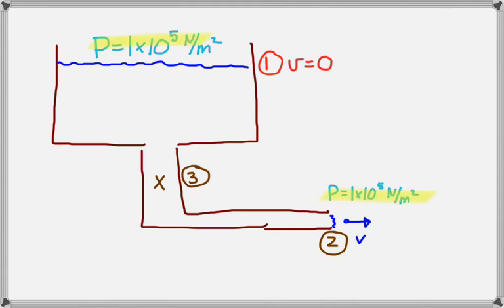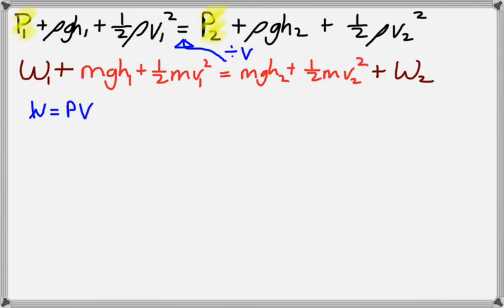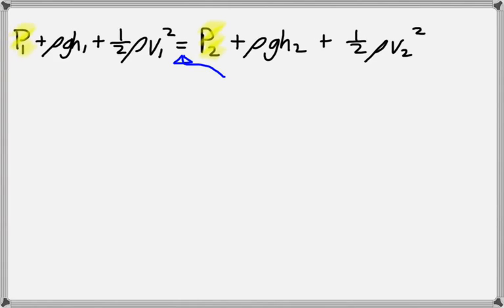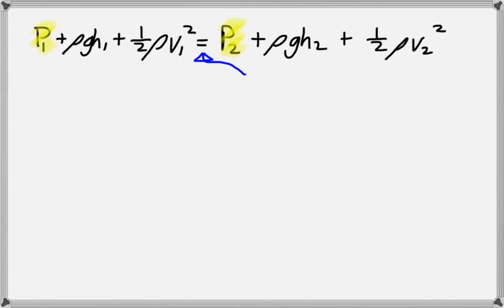So if I want to know what the velocity is down here, basically it's a conservation of energy question. So let's go back here and let's rewrite Bernoulli's equation. Because I'm awesome, I can just copy it like this. Maybe not. There we go. And what can I do to simplify that?